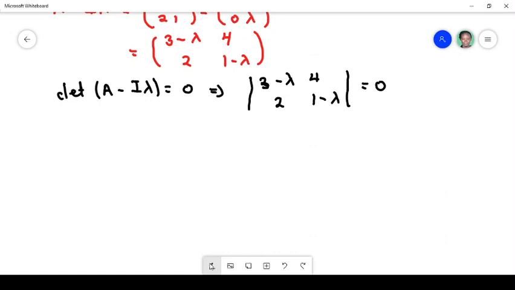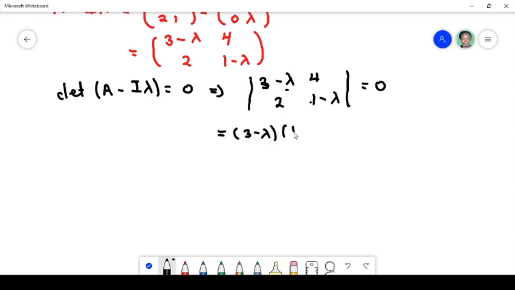You multiply this times that. So I have 3 minus lambda times 1 minus lambda, minus this and that, 2 and 4, equal to 0.